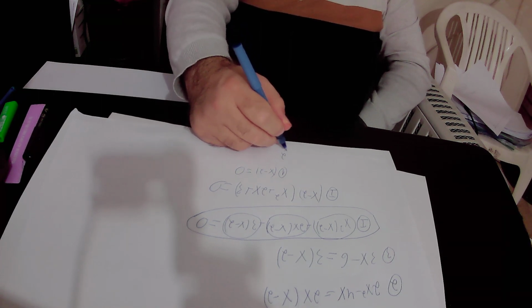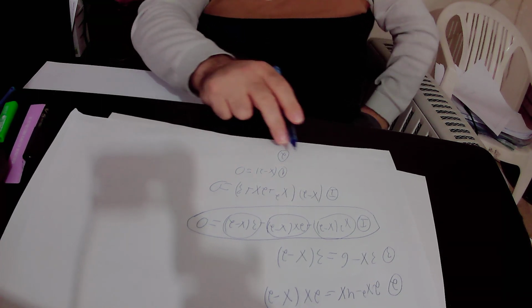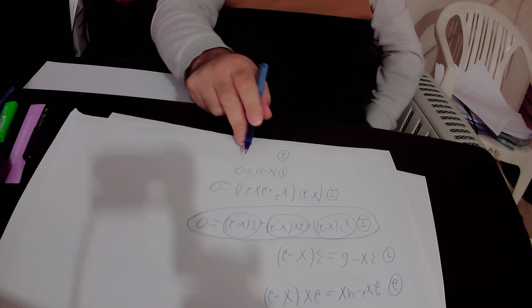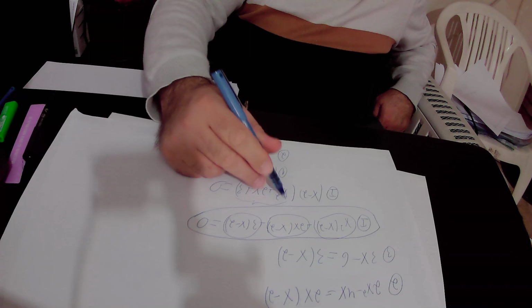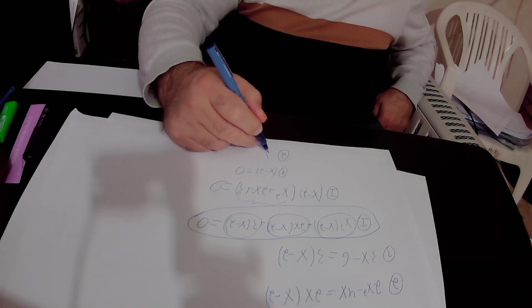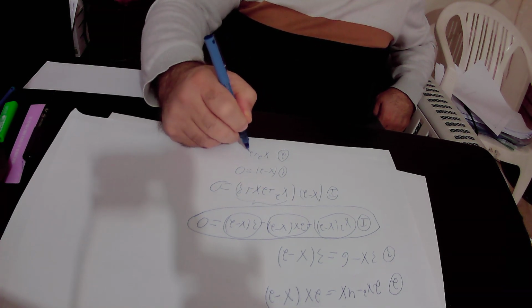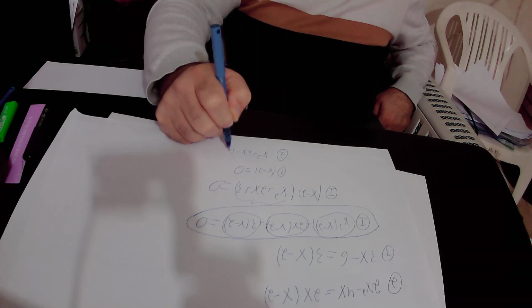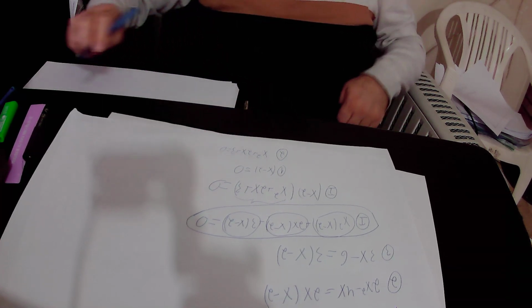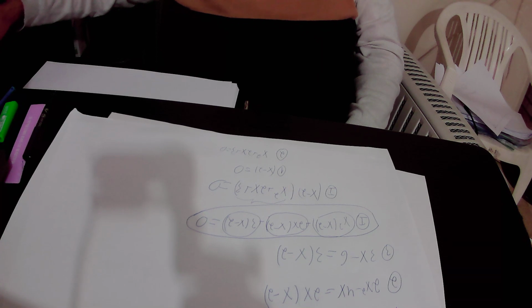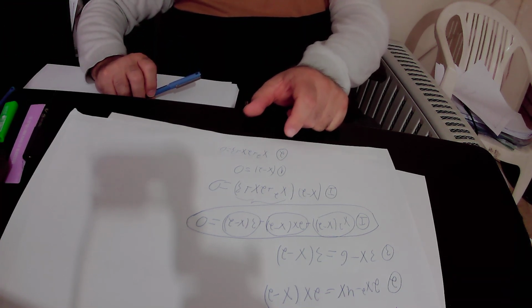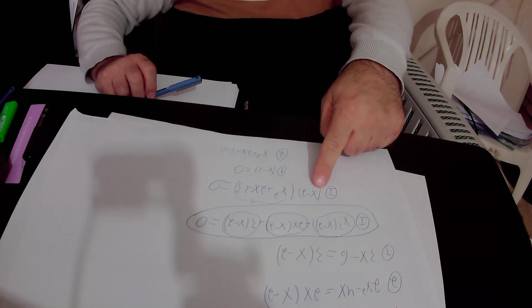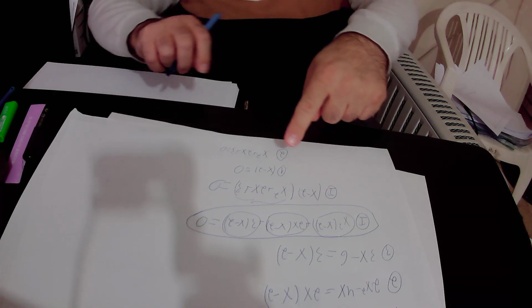And the second solution to equation number 1 is that this expression equals 0, that is to say x squared plus 2x plus 3 equals 0. And if this expression equals 0, then 0 times anything is 0, and we will get that 0 equals 0.